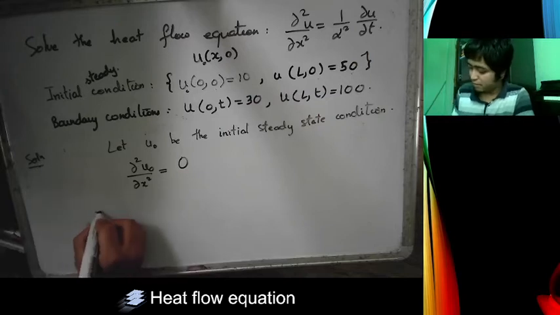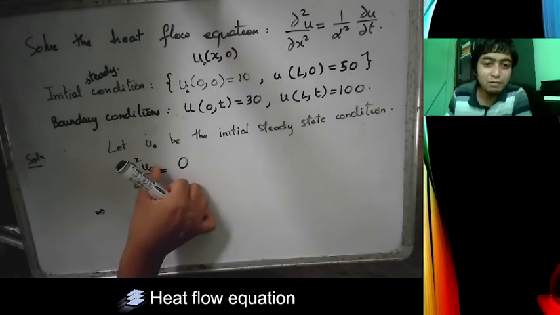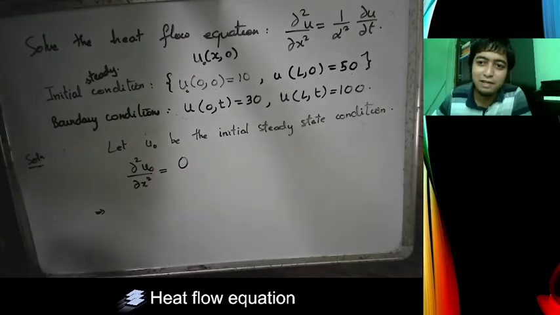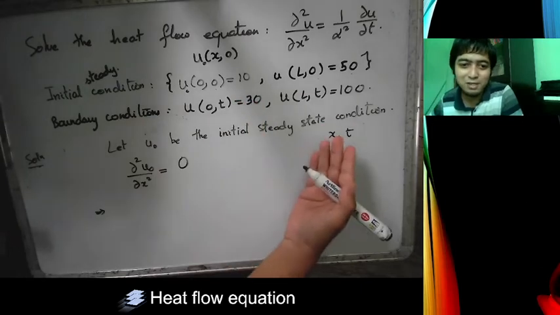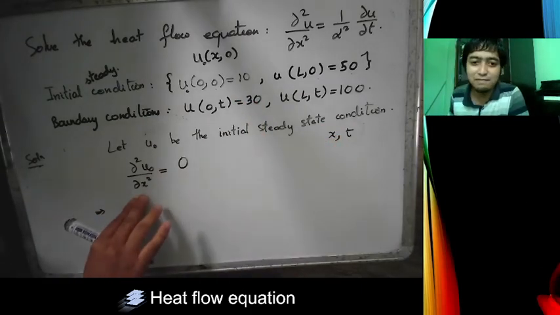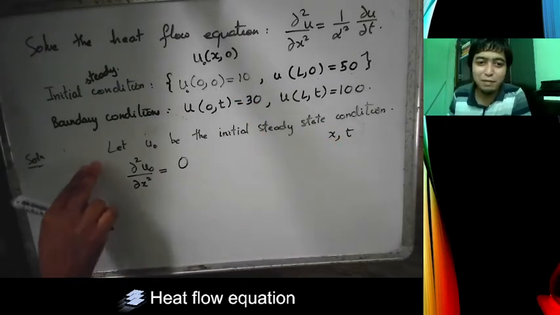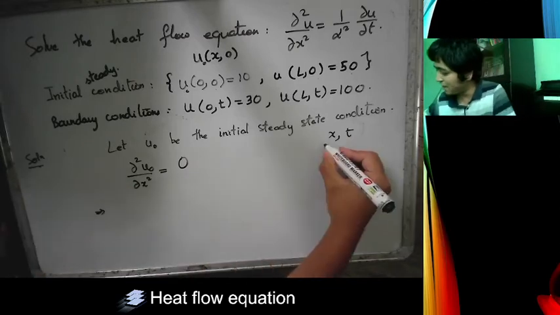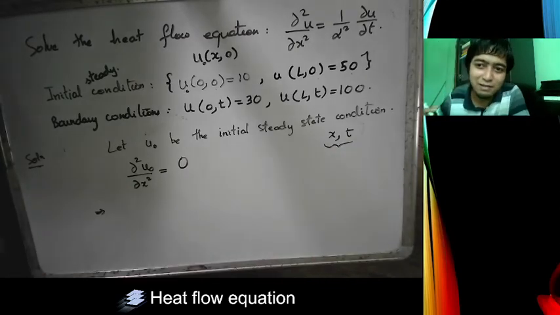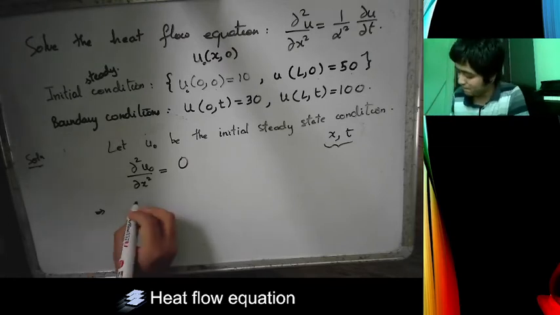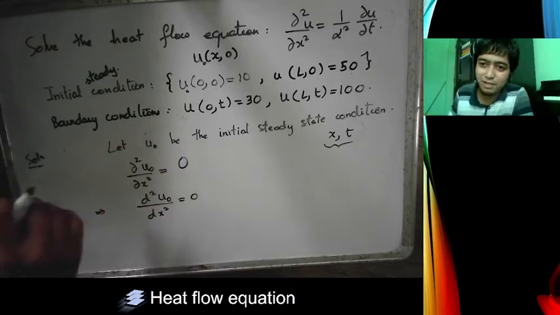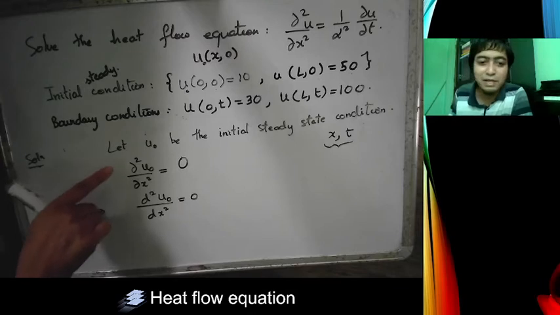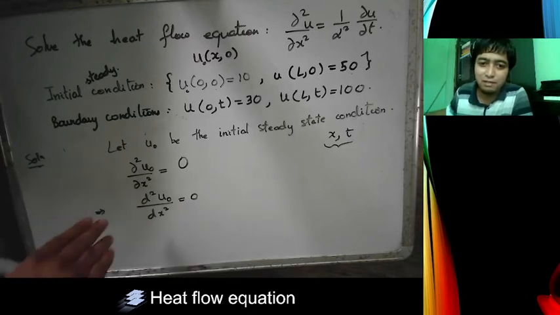Remember that u0 was depending on x and t, but u0 no longer depends on t, so it only depends on x. Since we have only one variable now, we can think of this partial derivative as a total derivative. We can proceed directly, but just to be clear, we can easily replace the partial derivative with the total derivative.